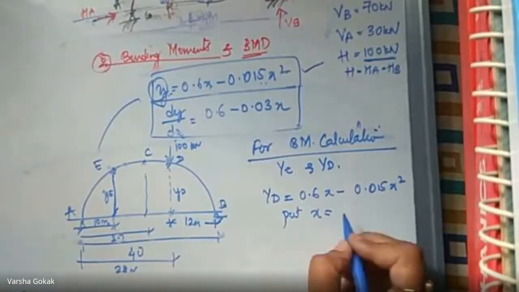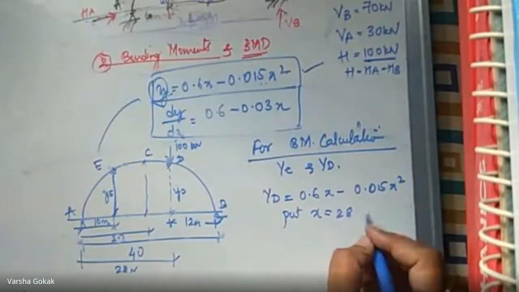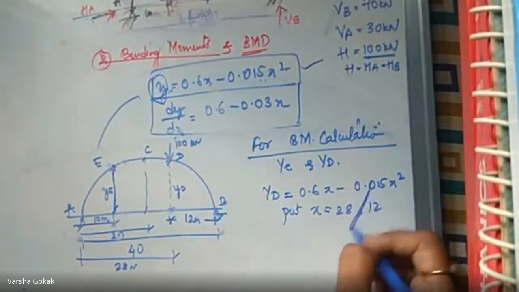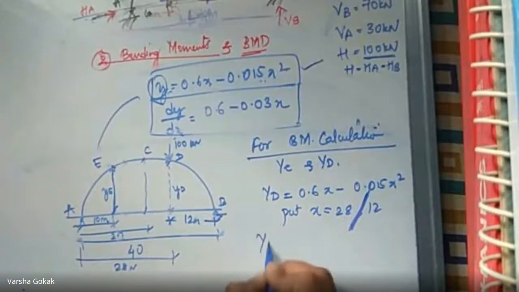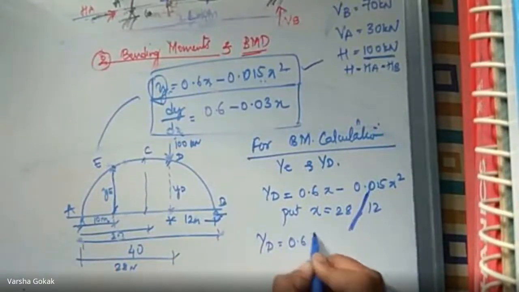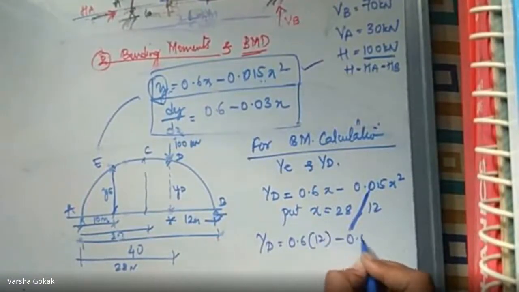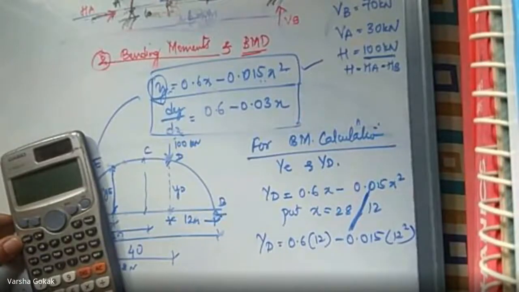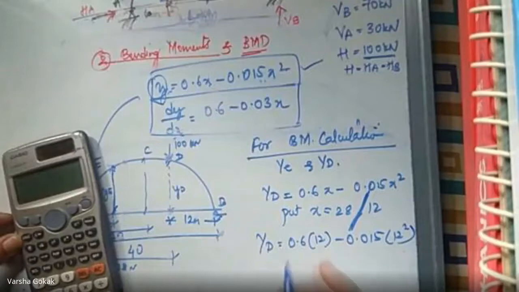One can check it with 28, one can check it with 12. So YD equals 0.6 times 12 minus 0.015 times 12 square. Let's see what is the value. YD is showing how much?